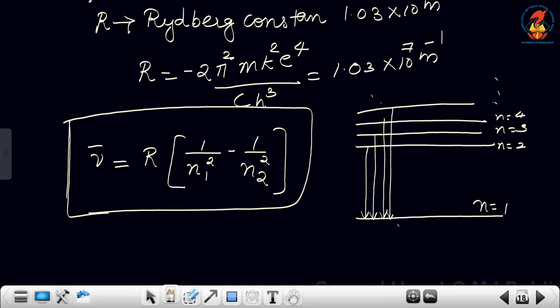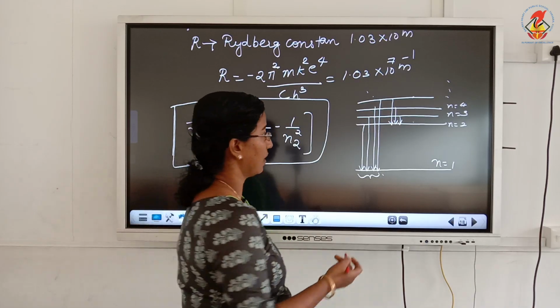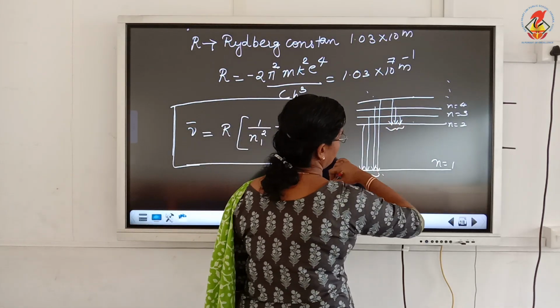Similarly, if the excited electrons from a higher state jump to the second energy state, then it is known by the name Balmer series, etc. So let us study which are these sets of spectral lines. The light emitted in this set of lines is known by the name Lyman series. Similarly, this set of lines is known by the name Balmer series, etc.